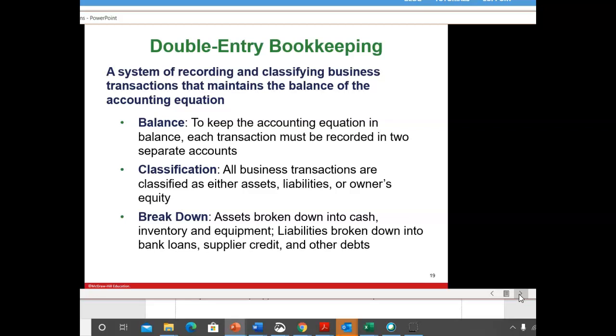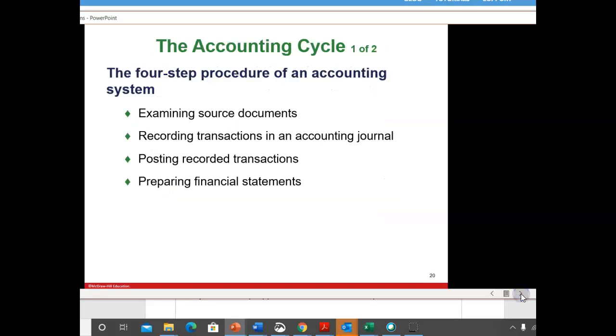Classification: all business transactions are classified as either an asset, a liability, or owner's equity. And breakdown: assets are broken down into cash, inventory, and equipment, and liabilities are broken down into bank loans and other debts. All those are important as you're thinking about this double entry accounting system. So please continue to review that information in chapter 14, page 438.